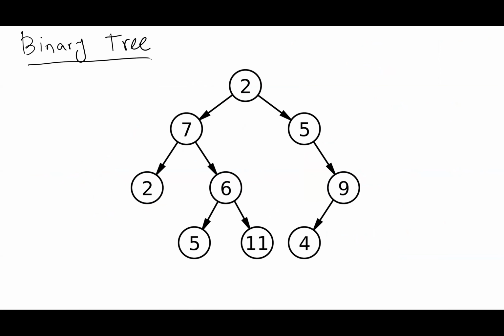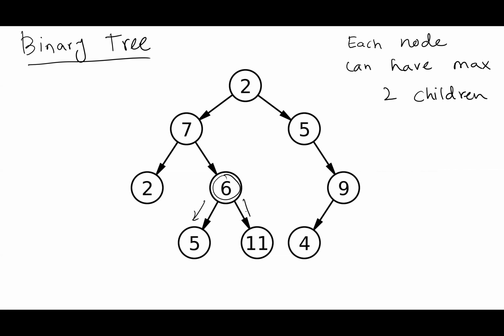This is a tree, but the constraint is each node can have a maximum of 2 children. That's why this is binary. Any node here can have a maximum of 2 children. Now, node 4 has 0 children.